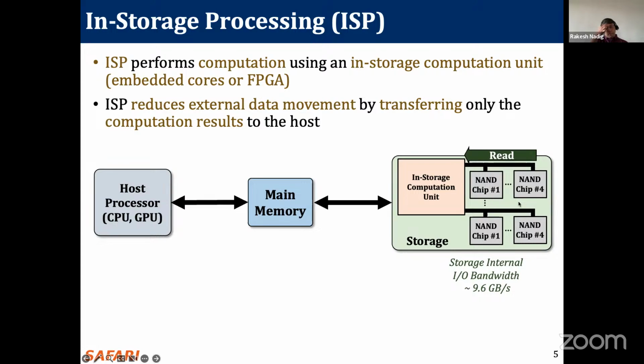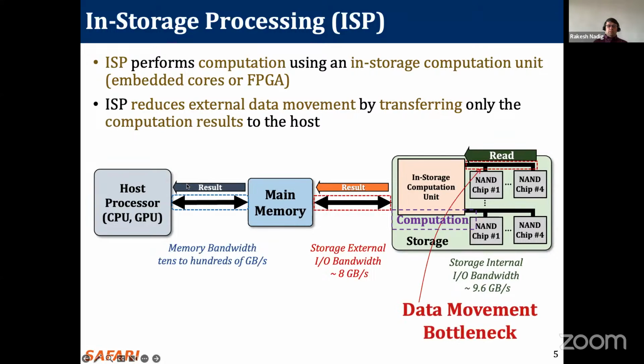The idea of in-storage processing is that we read the operands from the NAND flash chips to the in-storage computation unit, and the computation happens within the SSD. Only the result, which is much smaller than the operands themselves, or maybe equal to the size of one operand, is transferred to the host processor.